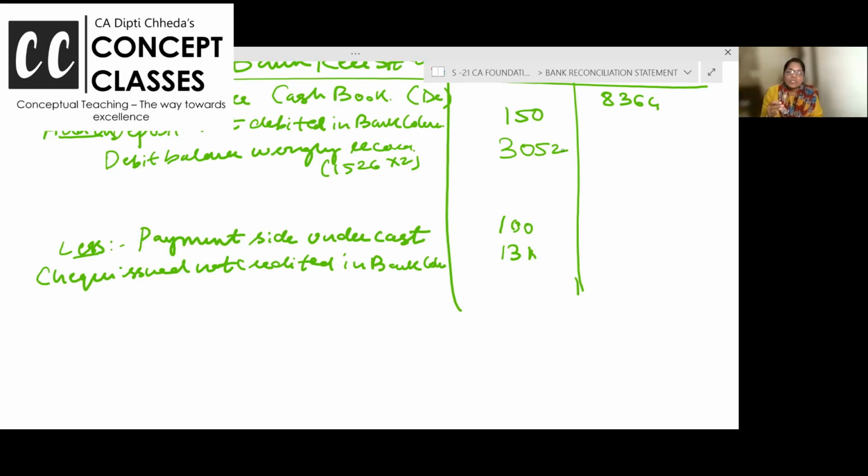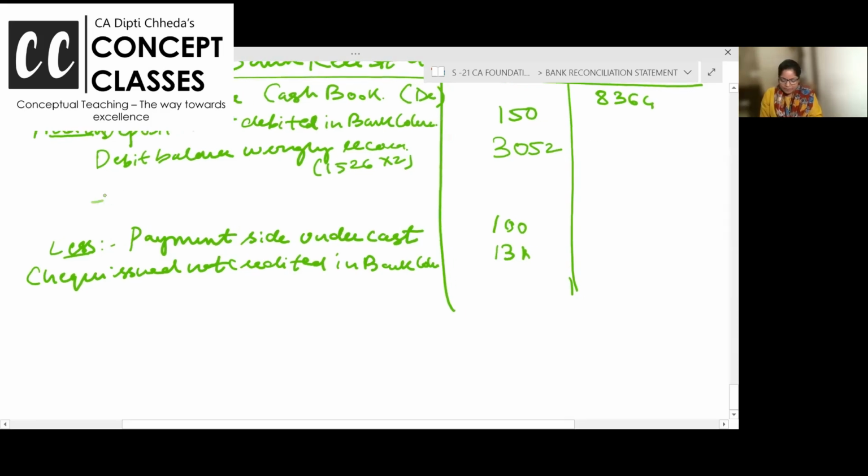So when I issued the check, what did I do to the bank account? Credit. Now, if they are not cleared, no entry is made in the bank. So whatever entry I did at the time of issuing the check, I should reverse. So now debit.